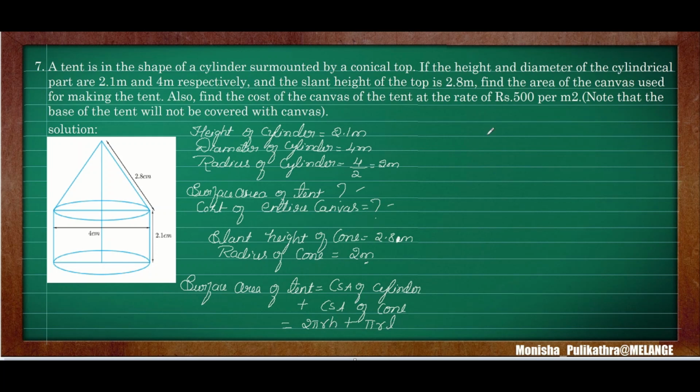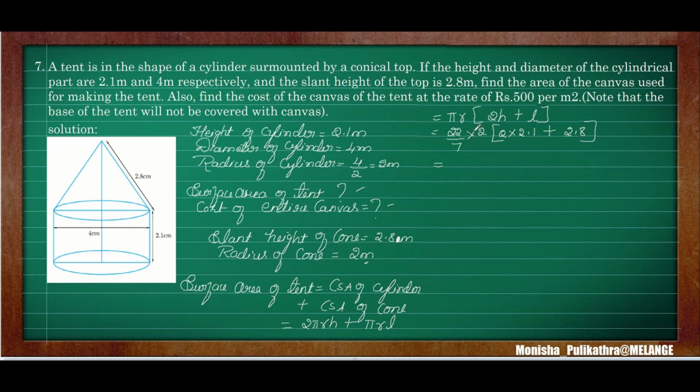Here pi R is common. Therefore, if we take pi R common, the remaining will be 2H plus L. So pi is 22 by 7, into R, which is 2, into 2 into H. The H is the height of the cylinder, that is 2.1, plus L, the slant height, that is 2.8.